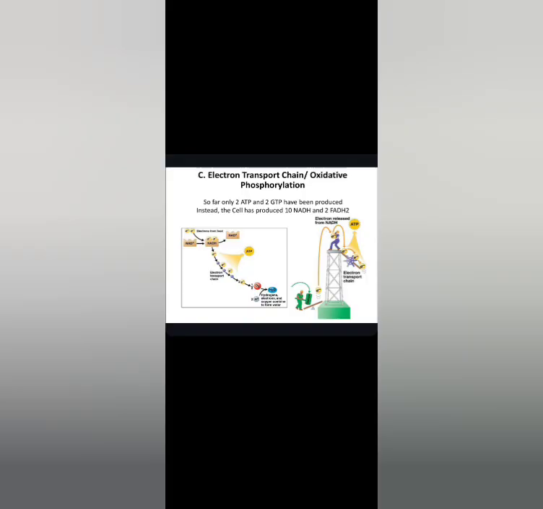Here comes oxygen. Oxygen is considered the ultimate electron acceptor. 2 electrons will be given to half of a molecule of oxygen. 2 electrons plus half of a molecule of oxygen, and 2 hydrogen ions make water.